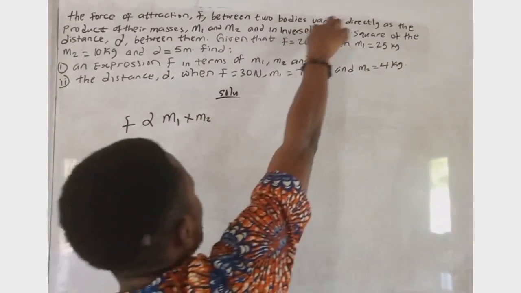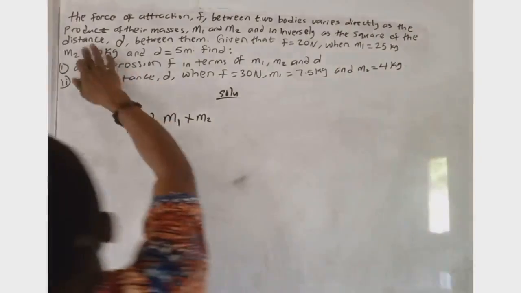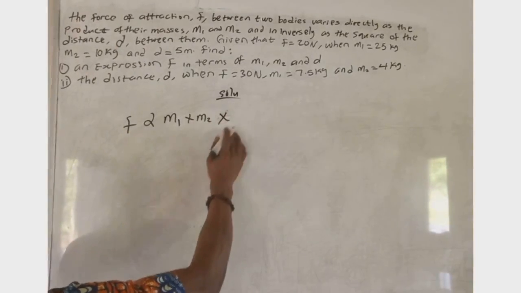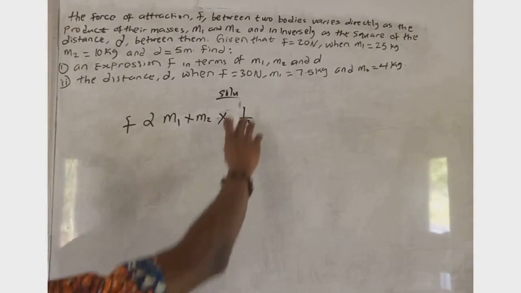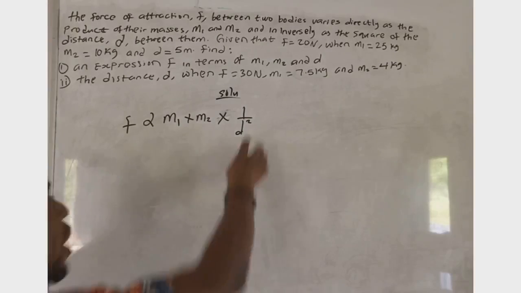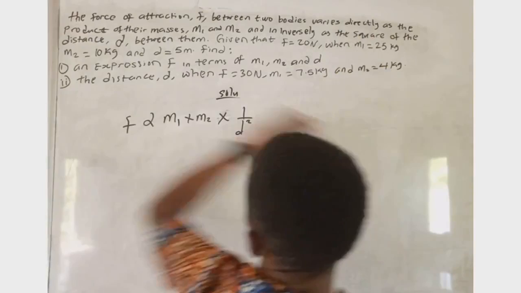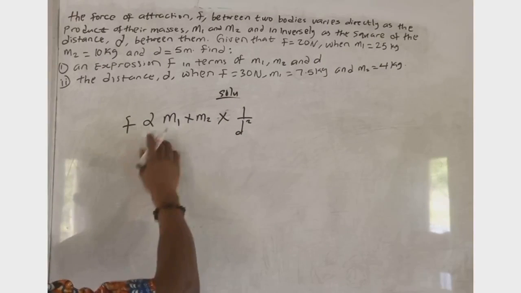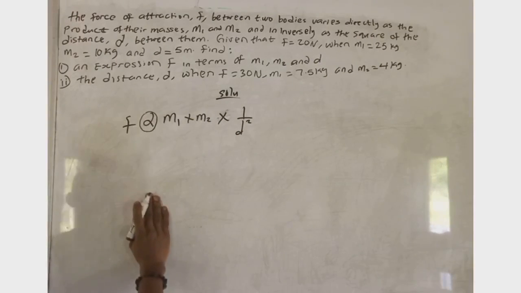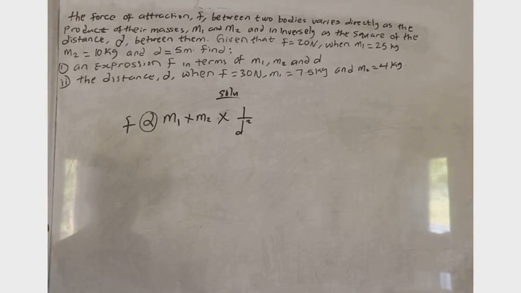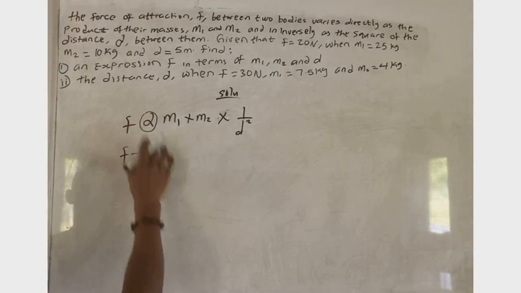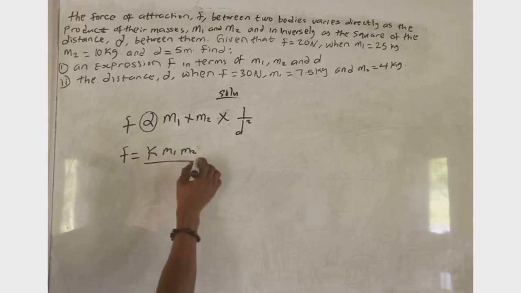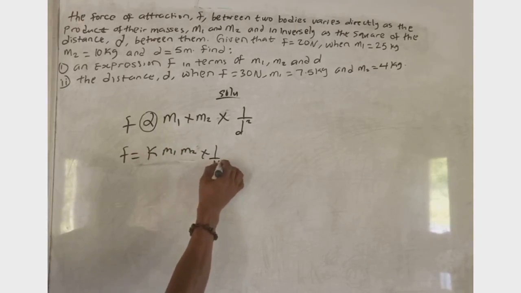And inversely proportional to the square of the distance d between them, which is multiplied by 1 over d squared, because this is the inverse of the square of the distance between them. So we can interpret the direct proportion constant as k. Here F is equal to k m1 m2 multiplied by 1 over d squared.